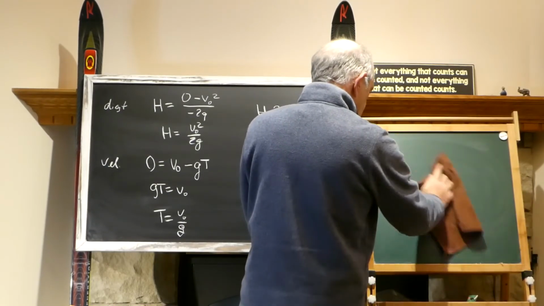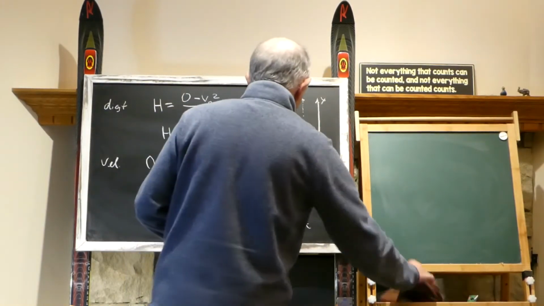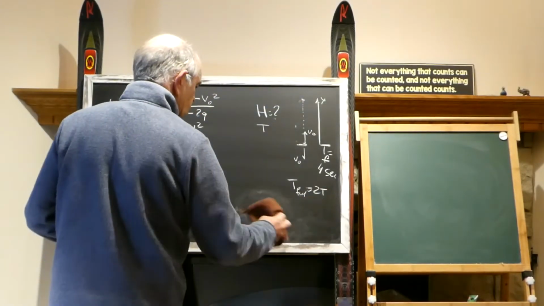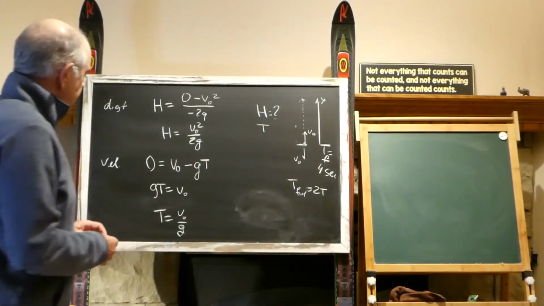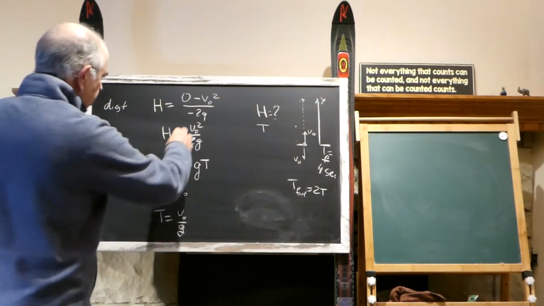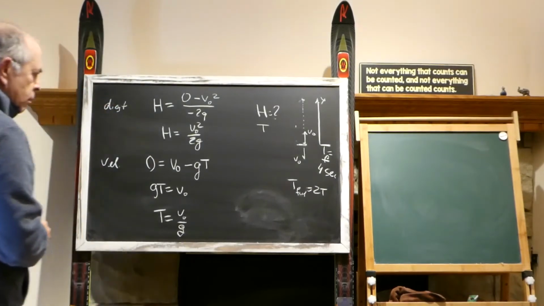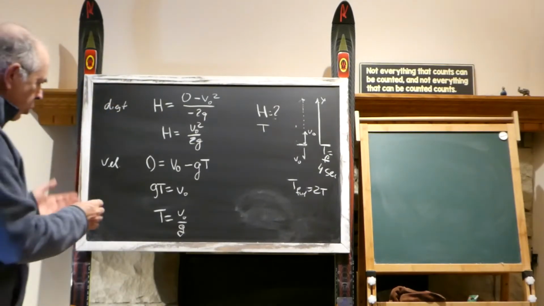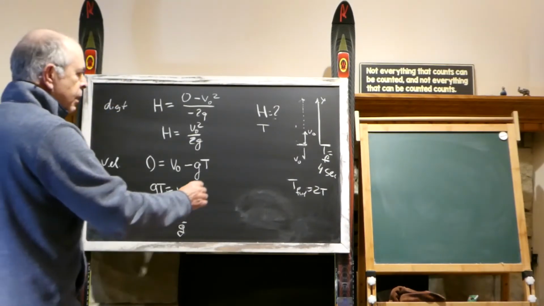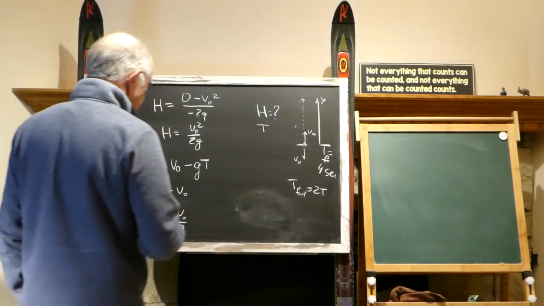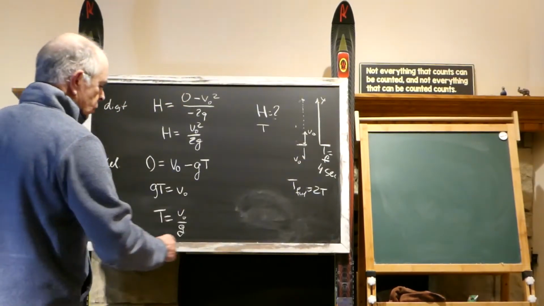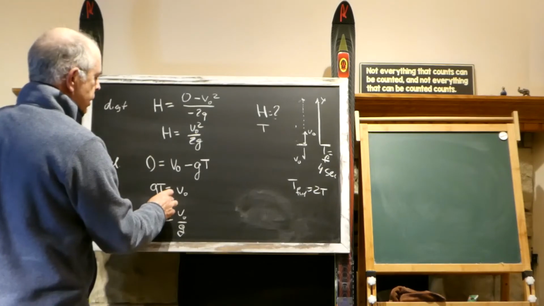Okay? So now if we look at those two formulas, v0 squared and h, we know if they give us t, and t is 2 seconds, then we know v0. So v0 is gt, right?